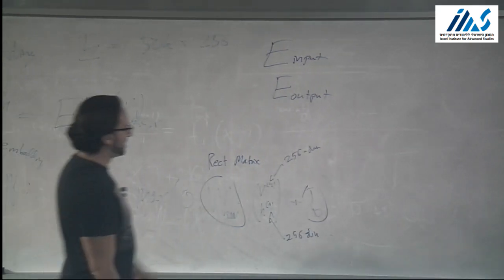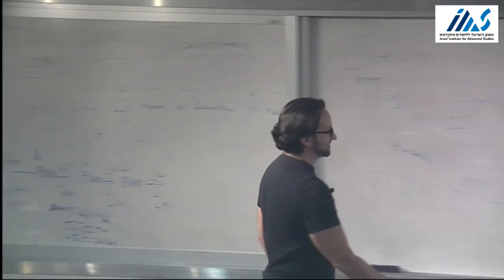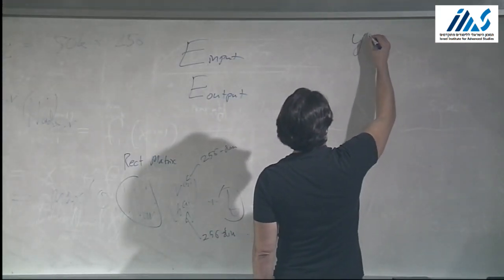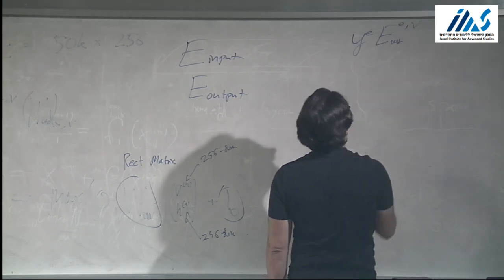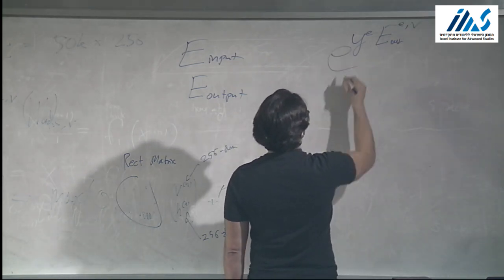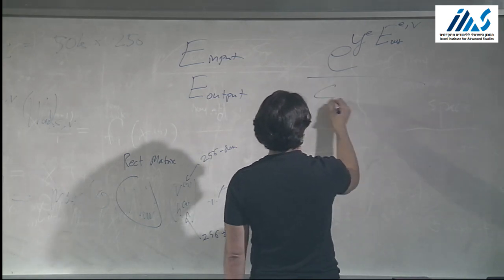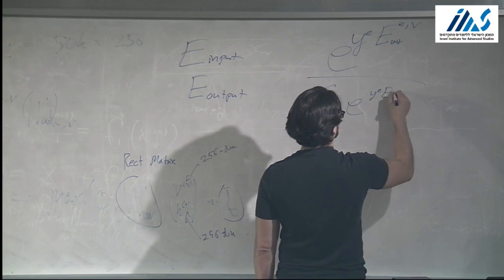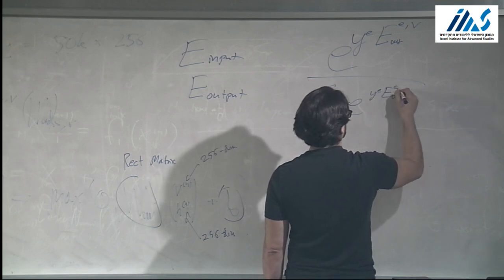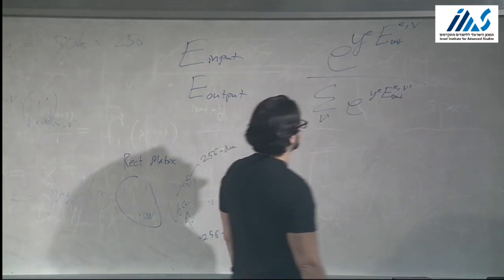Just to remind you, we're going to take this Y, E out, E comma V, and compute E to the that over the sum over V prime of E to the that.